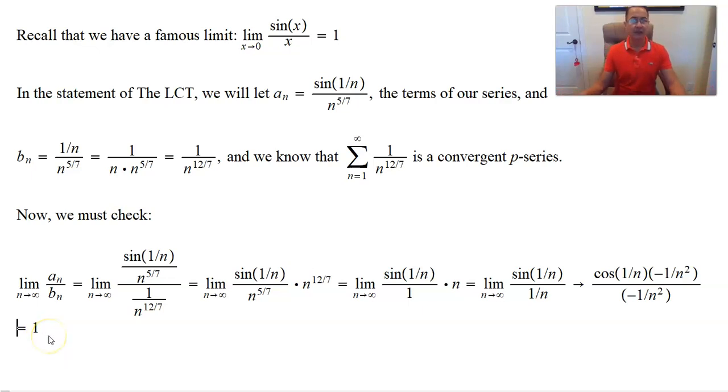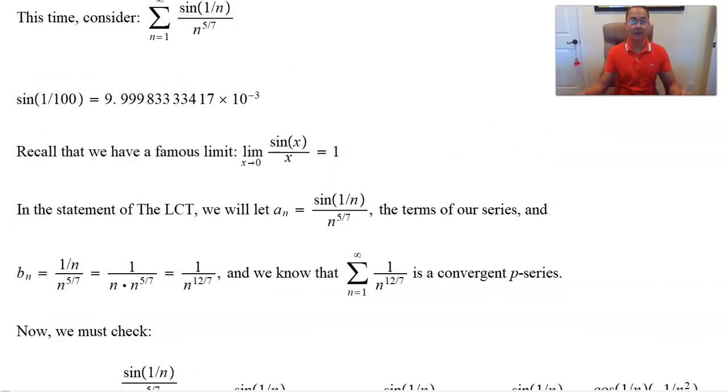All right, so according to part A, both series, summation a_n, our series, and summation b_n, this p-series, both converge or both diverge. But we know that this series is a convergent p-series, so therefore our series this time converges, right?